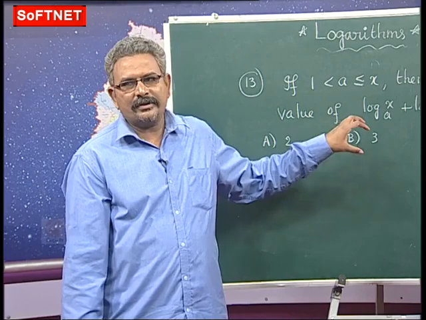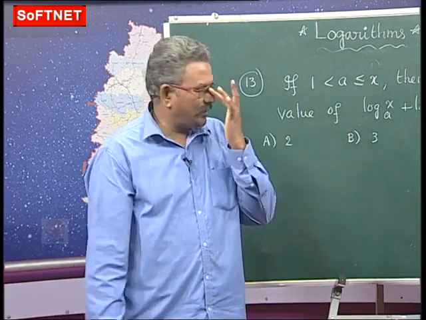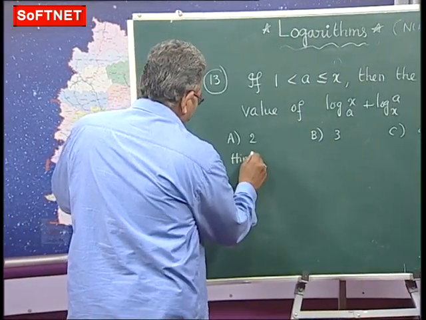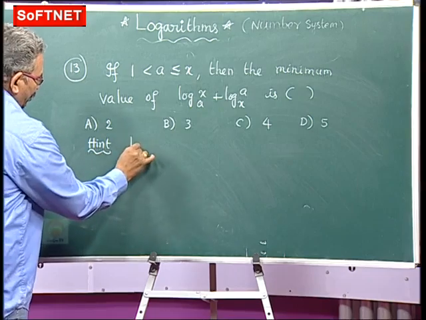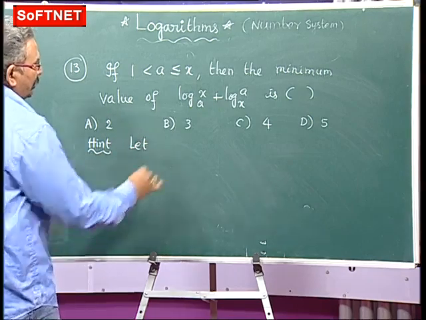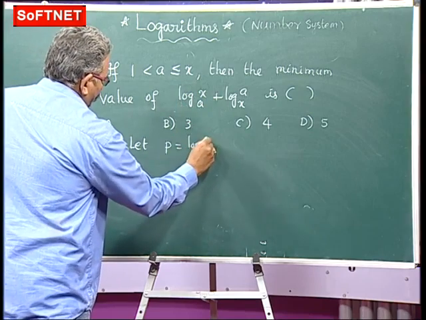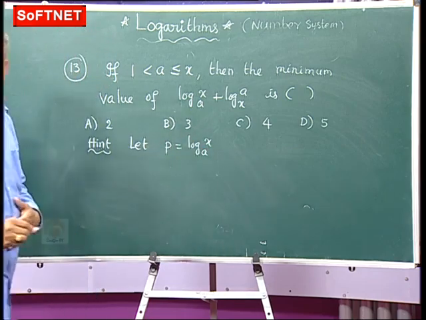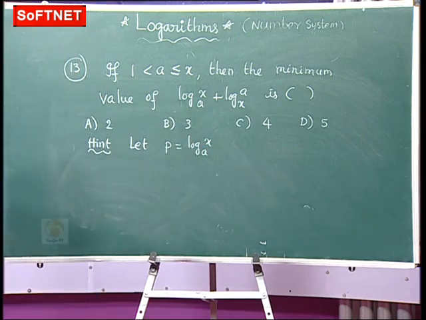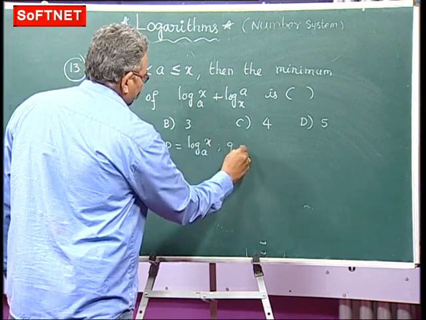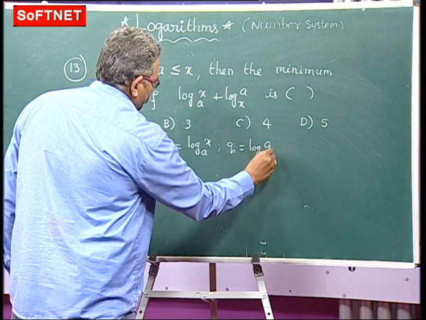Using that concept, this problem can be solved. Suppose here you see, let p is equal to log x to the base a, q is equal to log a to the base x.